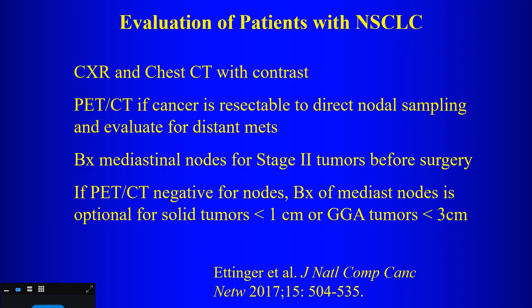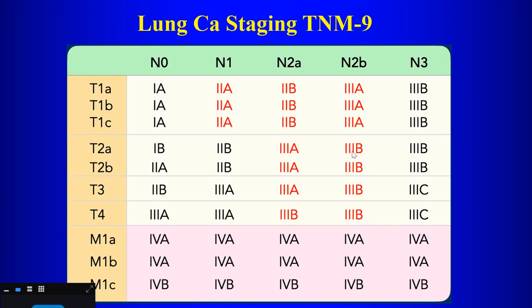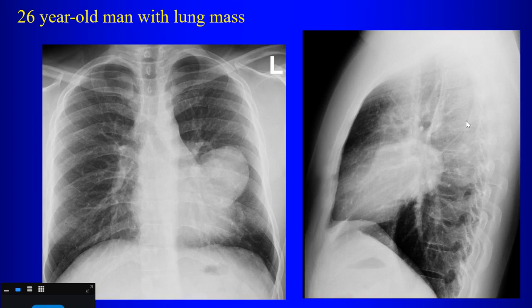So if PET lights up, then you want to confirm histopathologically that those nodes are involved with tumor before you deny the patient surgery. And then the stages. Once you've decided what the T stage is and the N stage is, you can go to the chart and figure out what the overall stage is for the patient.